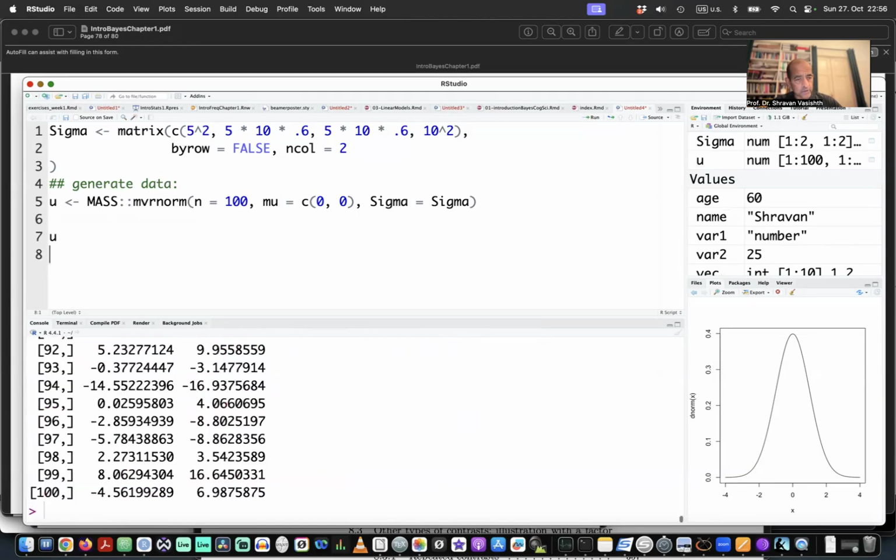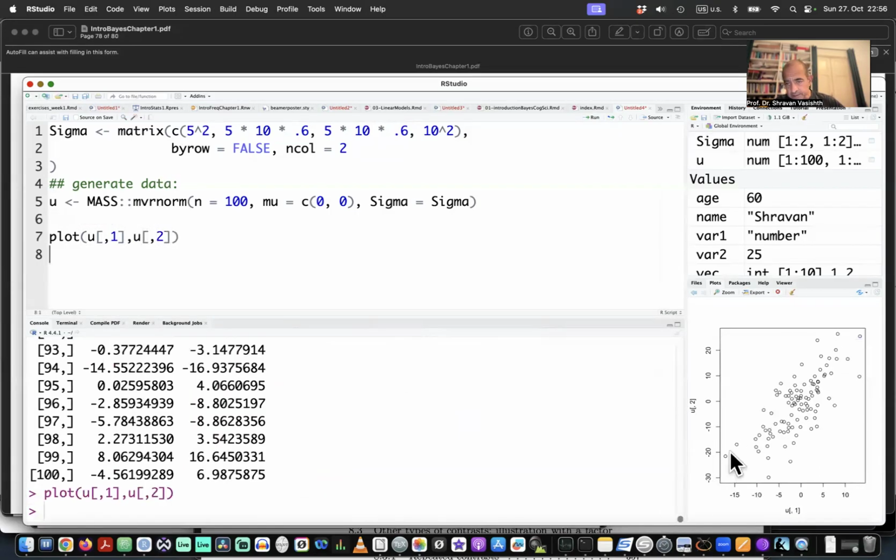This is a 100 by 2 matrix, 100 rows, 2 columns, right? And so I can now plot this matrix, X and Y values, right? And so if I plot them, you'll see this distinctive positive correlation here. And if I change this correlation to minus 0.6, let's say, right? Minus 0.6.